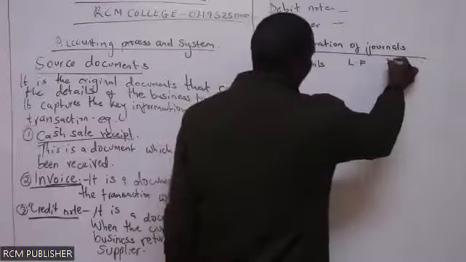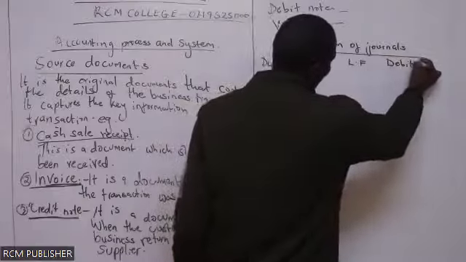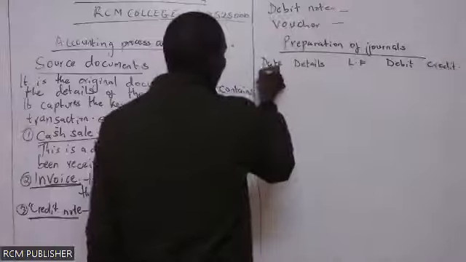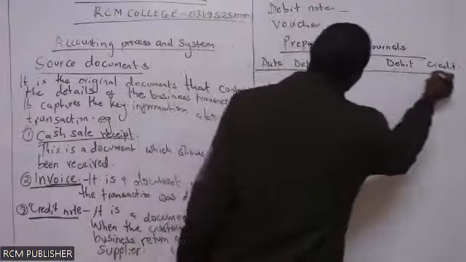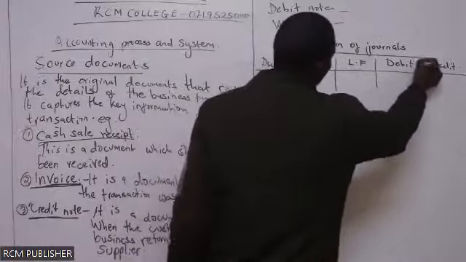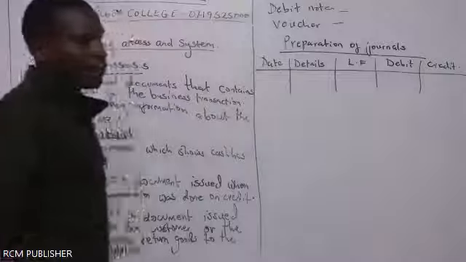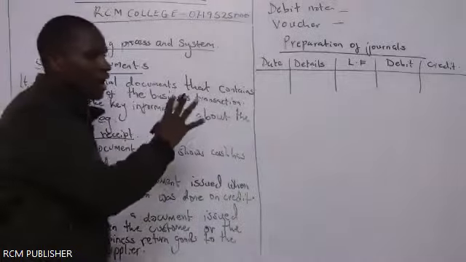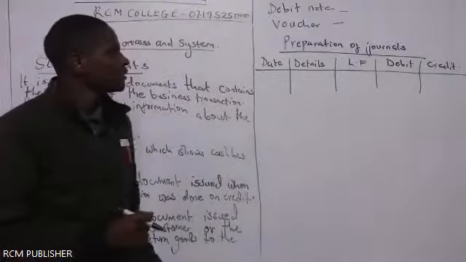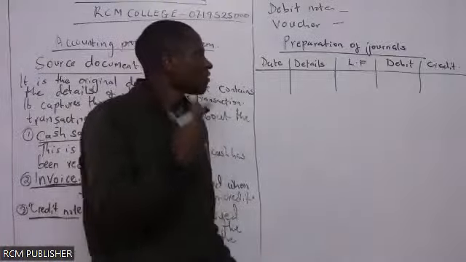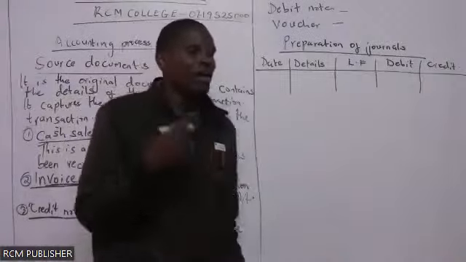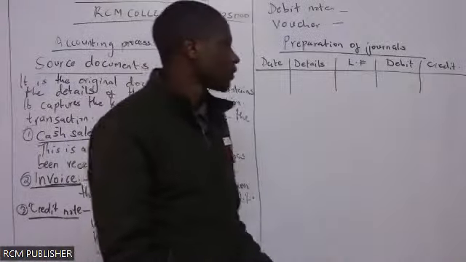Then we have the debit and credit columns. By the end of this, you will be able to prepare a journal. That is the format: the date, the details, the ledger folio, and then debit and credit.